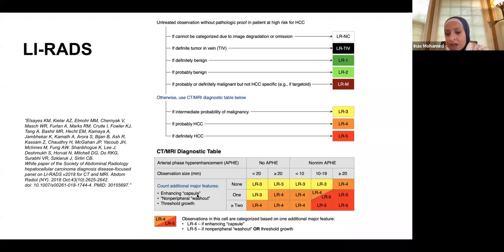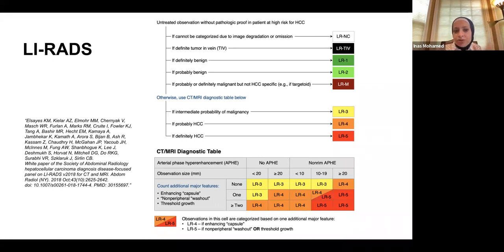Then the major features we apply the LI-RADS to are the enhancing capsule, the non-peripheral washout, and the threshold growth. Threshold growth means that this patient had an MRI before, and I'm comparing the size, and it has increased by 50% within 6 months. If I have a lesion that increased 1 centimeter over 6 years, that's not threshold growth.